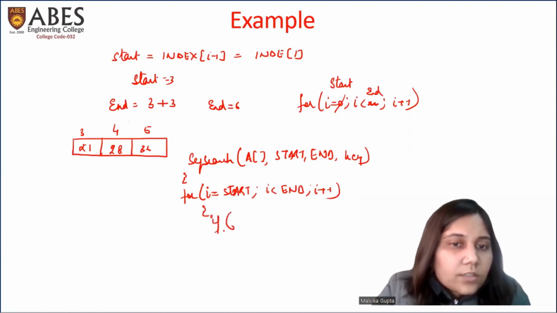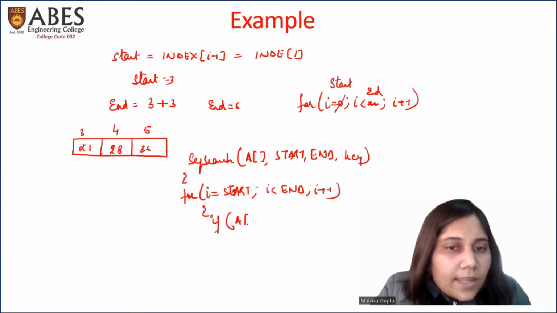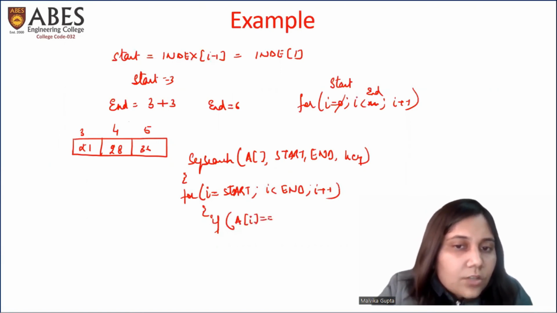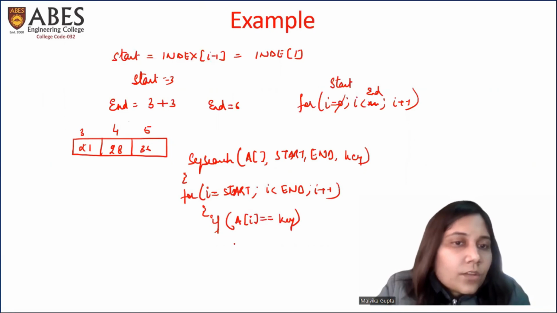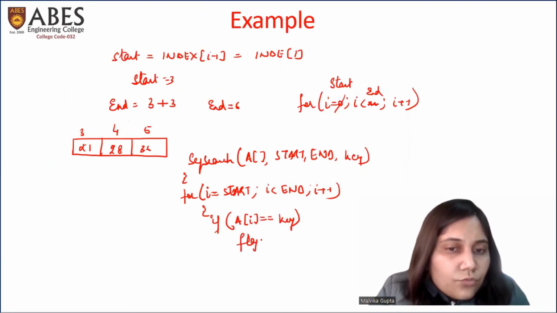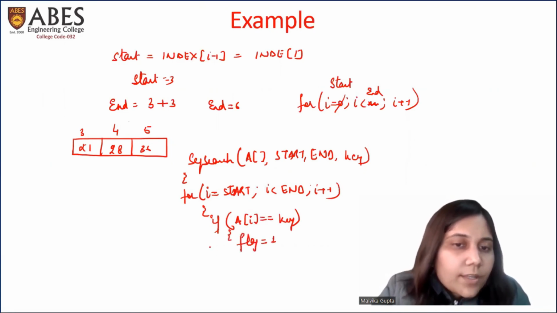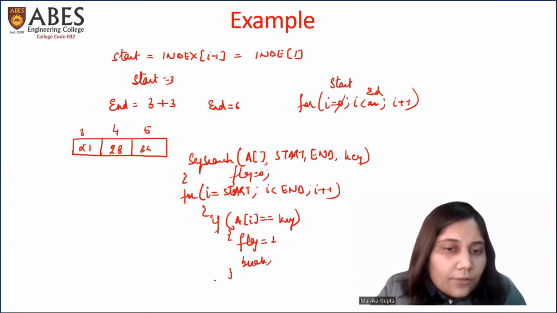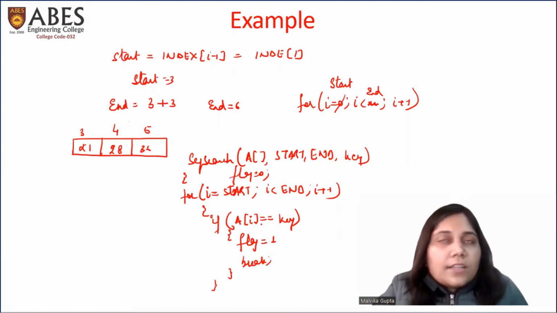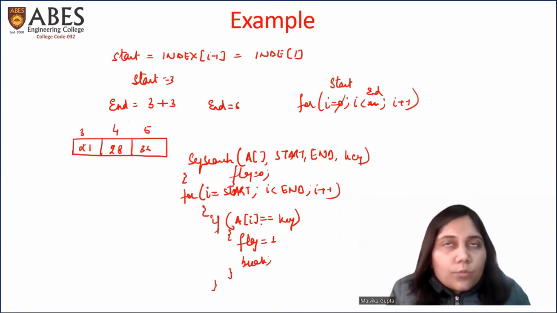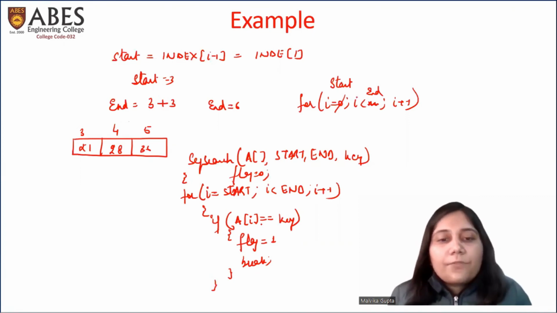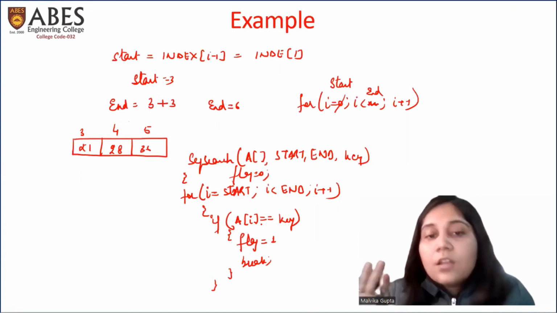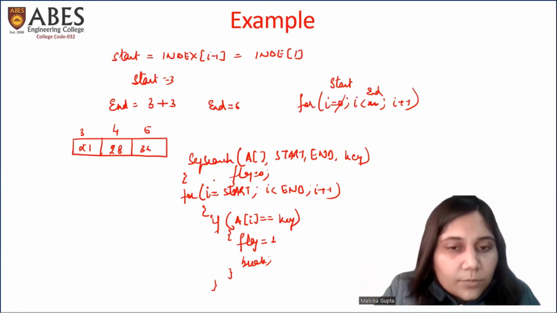It will keep on searching in this particular segment whether A of i is equal to key. If it is true, I set flag equal to 1, having set flag equal to 0 over here, and break. And at the end, after this loop, I can write whether the element is found. If flag is equal to 1, then it means the element has been found. If flag is equal to 0, then the element has not been found. It means the value of flag has not been changed.